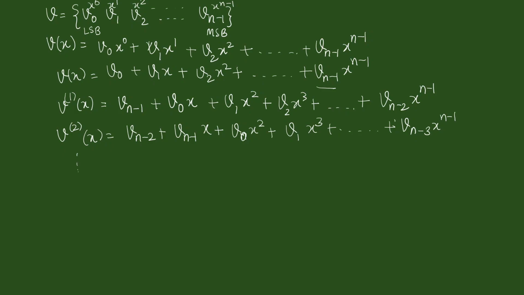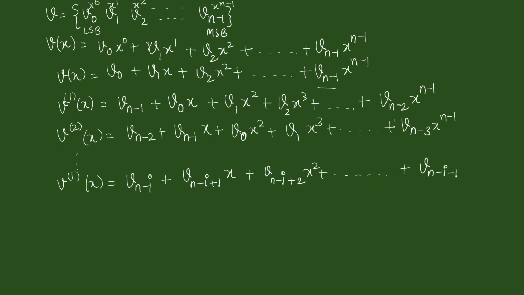So if we apply the same analogy to the successive ith cyclic shifts, then we obtain v n minus i plus v n minus i plus 1 into x plus v n minus i plus 2 into x square, and so on. And the last one would be v n minus i minus 1 into x raised to n minus 1.